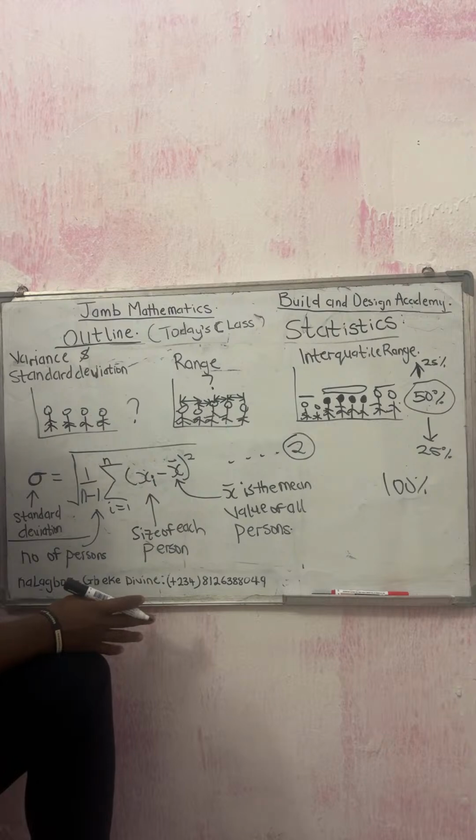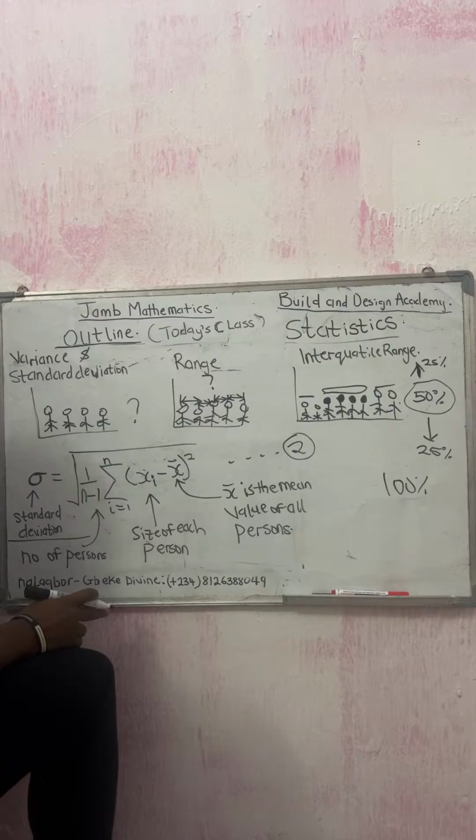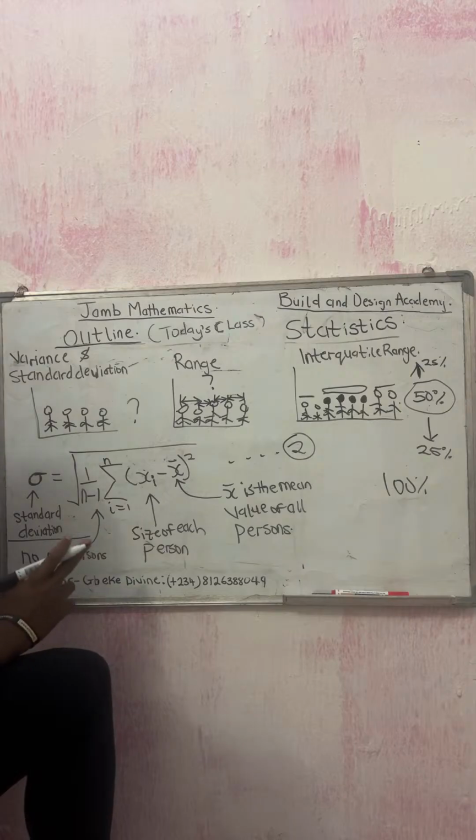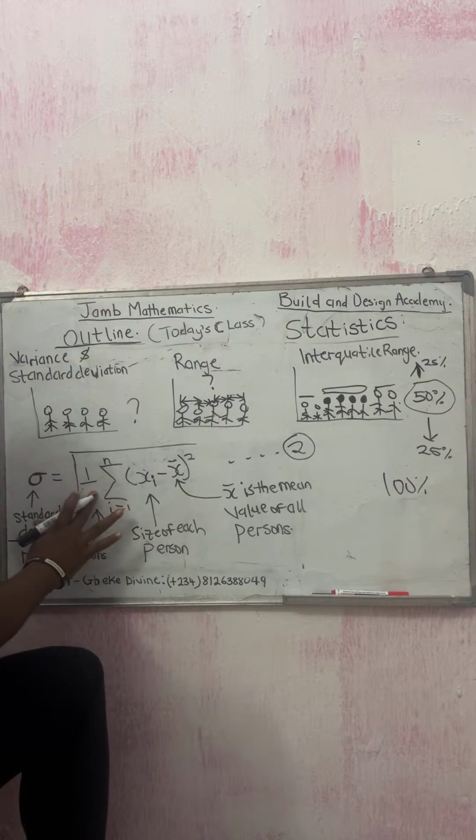Now let me tell you when you use the first one and when you use the second one. For the first one, if our survey does not cover the whole population, we will use that first one, 1 over n.